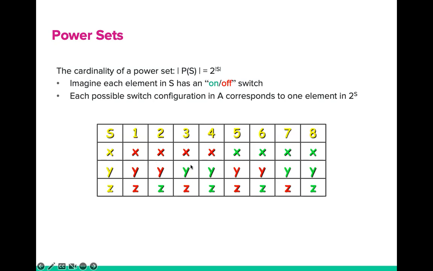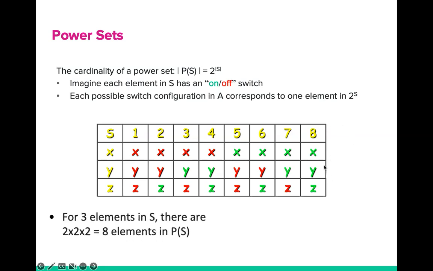Then in the third subset, only Y is included. For the fourth subset, only Y and Z are included, and so on. So all the possible switch configurations correspond to one element in the power set, 2 raised to S.